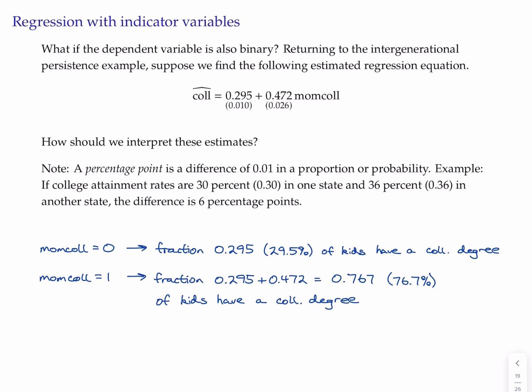Okay, so if we just focused on this number right here, how would we interpret that? For that, we need the concept of a percentage point. You can see the definition here: a difference of 0.01 in a proportion or probability. So, for example, if you were looking at state level data, and let's say that college attainment rates were 30% or 0.3 as a proportion in South Carolina and 36%, 0.36 in North Carolina, we would state that that difference is 6 percentage points.